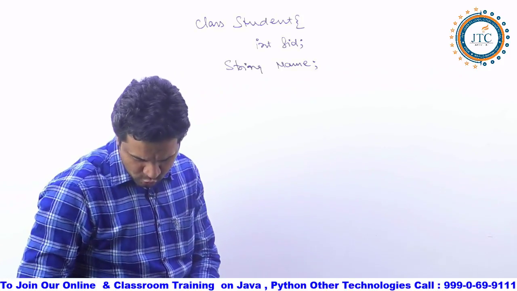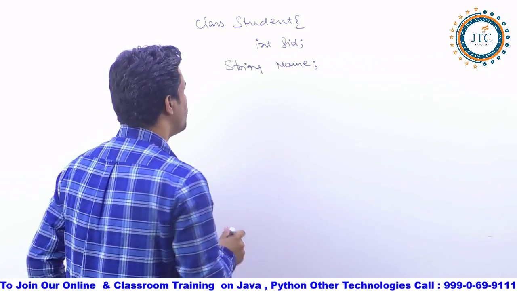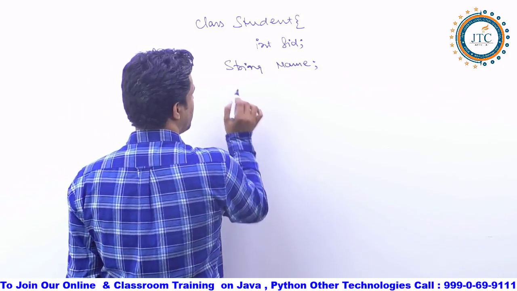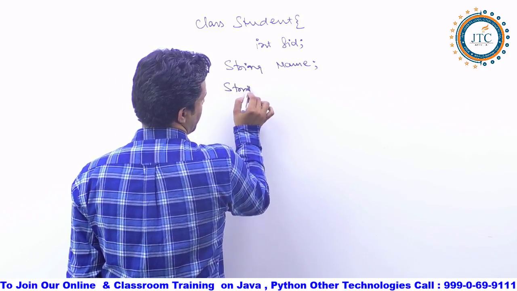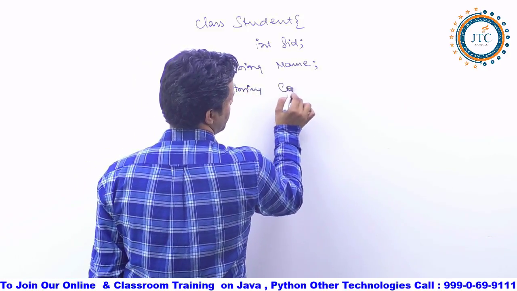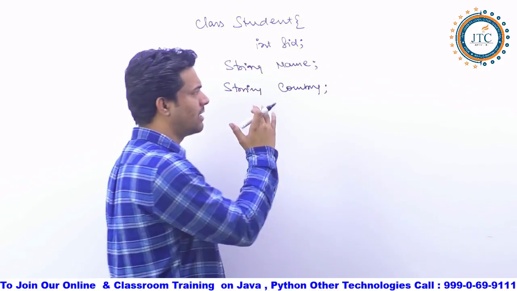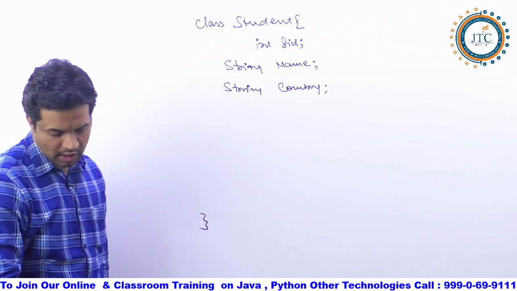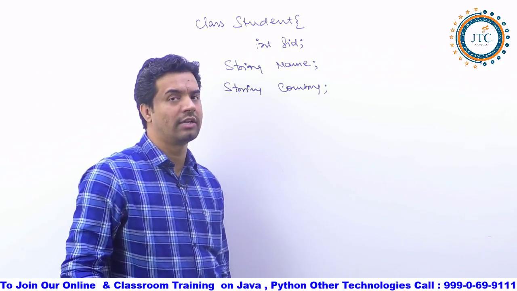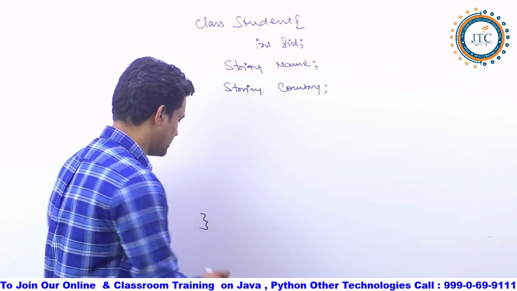Let's take only these two variables, and apart from these two, one more I am taking here, string country. Understand these three members, what all these things I am writing and what I am trying to explain to you. Have a look.